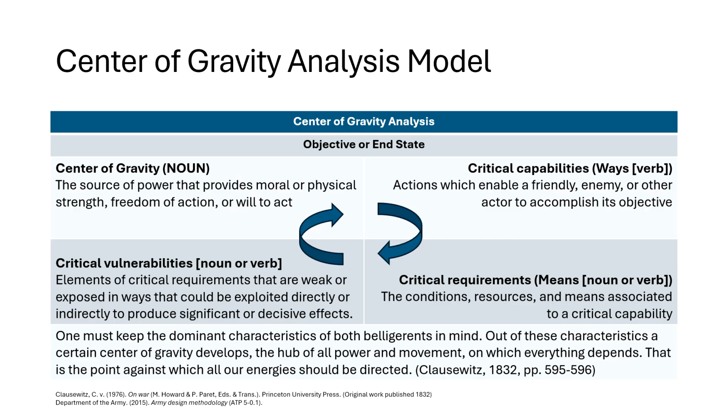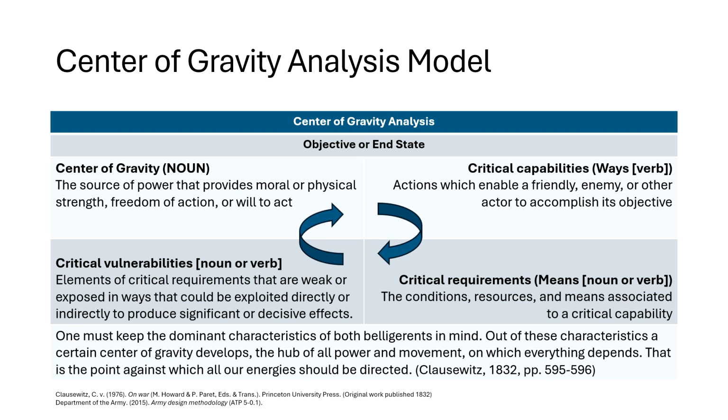Let's break down the key parts of center of gravity analysis using standard doctrinal language. We begin with the center of gravity. This is the source of power that gives an actor the strength, freedom of action, or will to act. Think of it as the core that holds everything together. It is often described as the hub of all power and movement, the point where efforts should be focused.